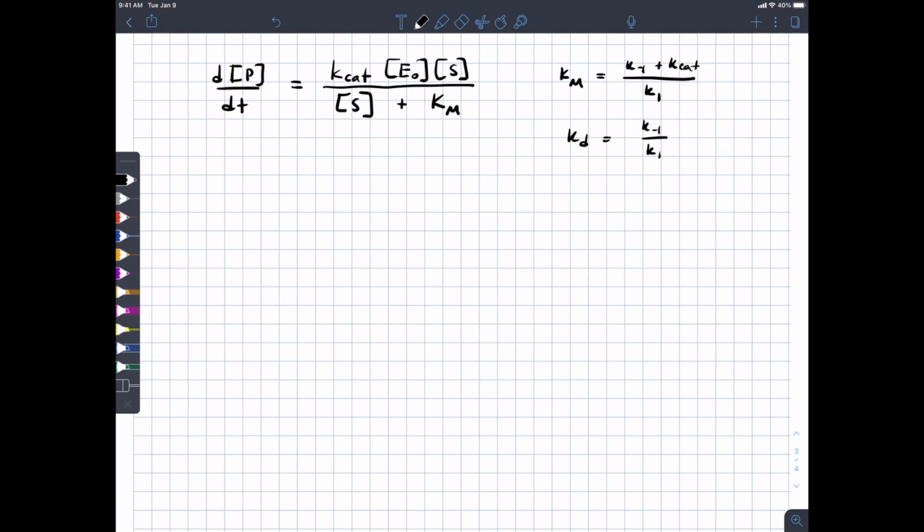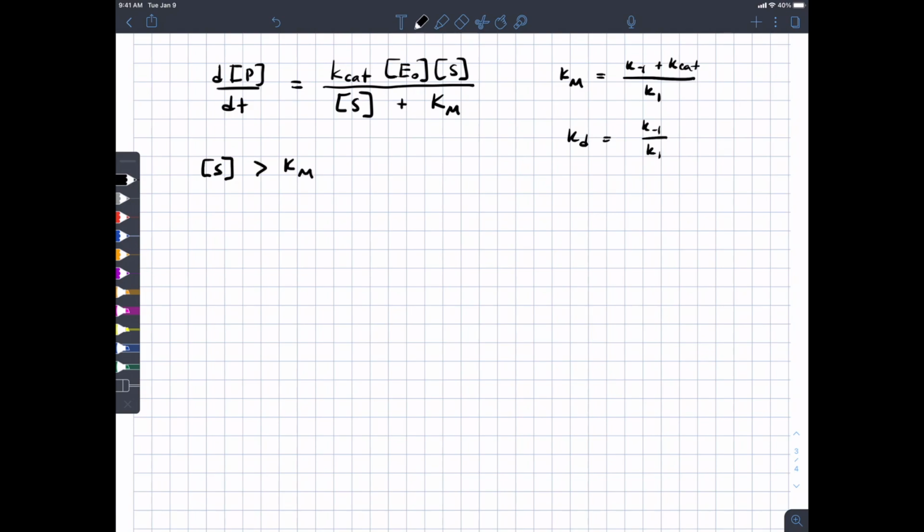So let's imagine we're in a situation where the substrate concentration, say the physiological concentration of glucose or whatever enzyme we want to deal with, is greater than the Km for the enzyme. What would that situation mean?